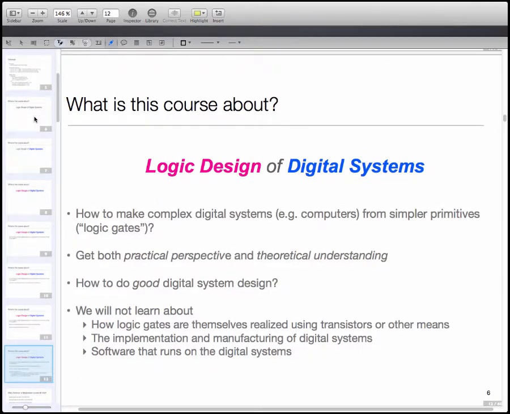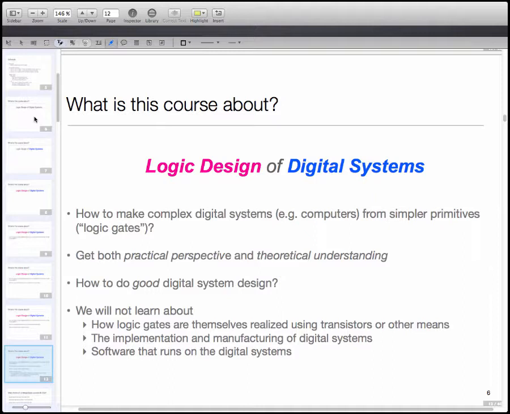What we will not learn about. We'll not learn about how the primitives, which we call logic gates, are realized. They could be realized electronically using transistors. Long ago, they used to be realized using vacuum tubes. In recent years, people have tried to realize them using chemical molecules, using quantum stuff, using biological cells.